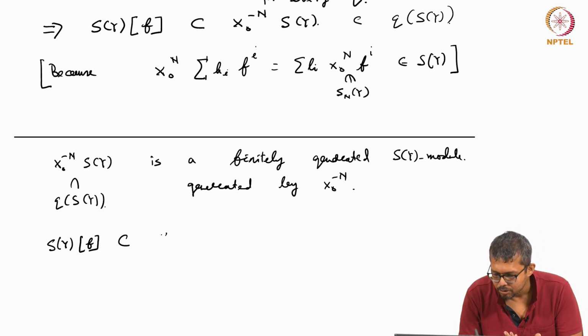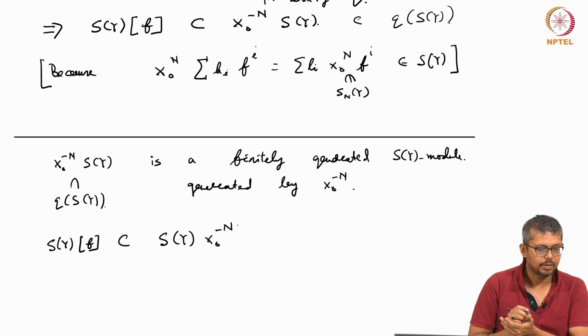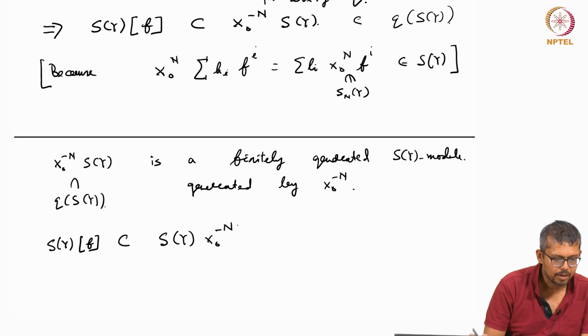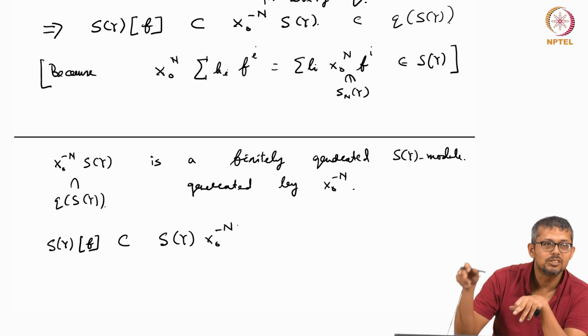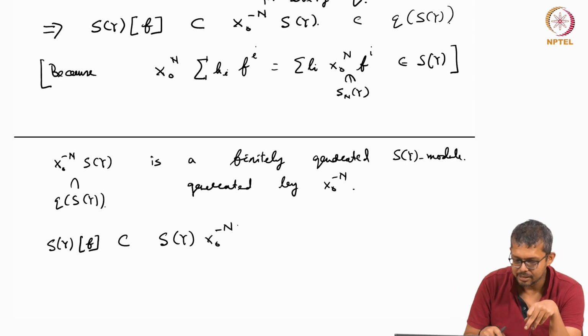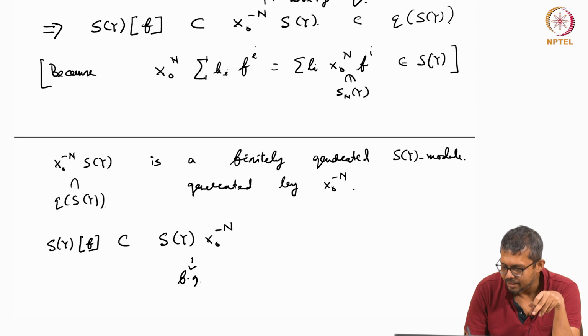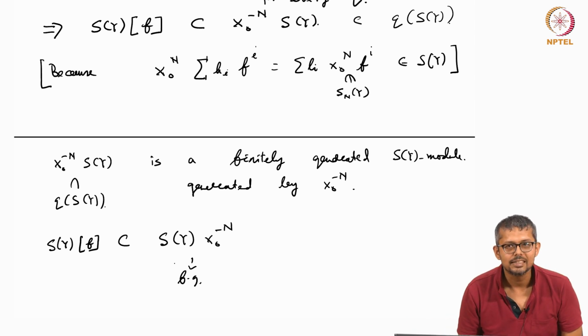This is a submodule of x naught minus N times S_Y, which is the same. S_Y is a Noetherian ring, so a submodule of a finitely generated module is finitely generated.